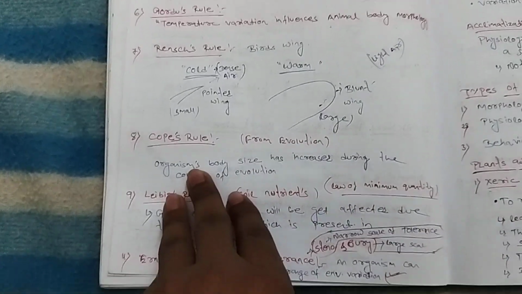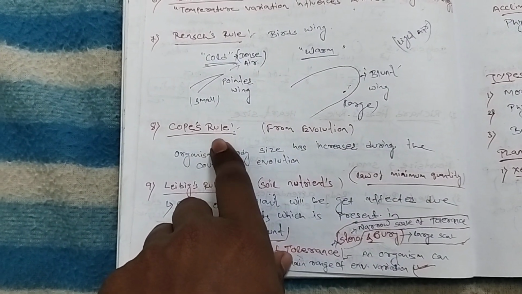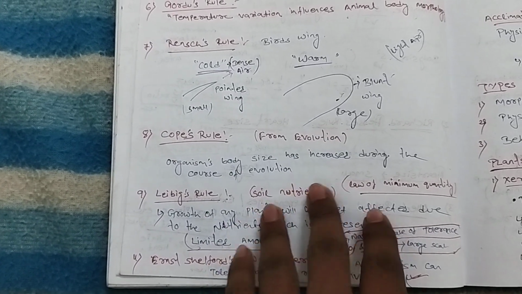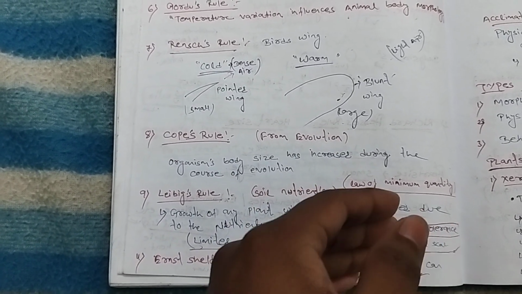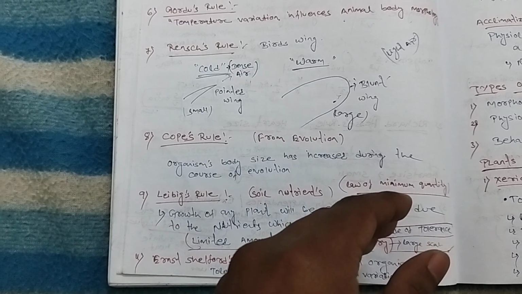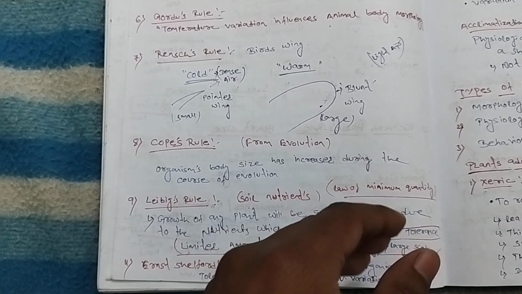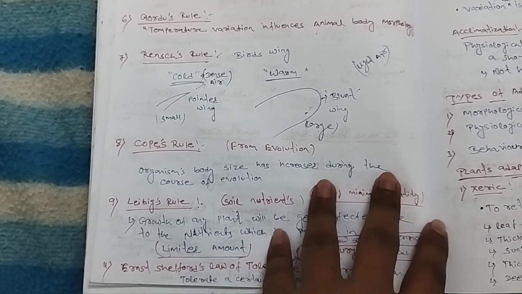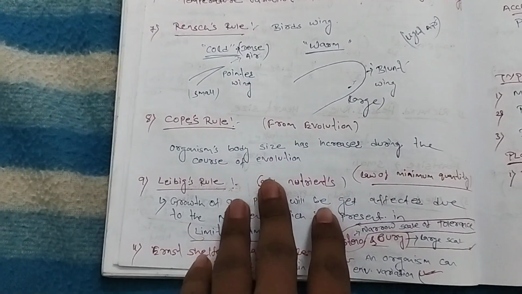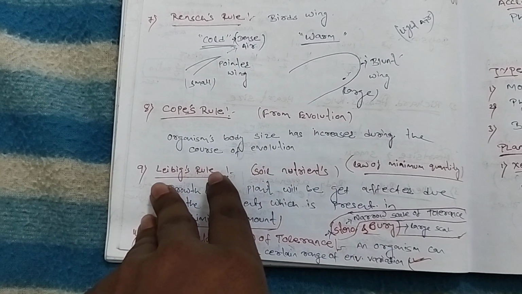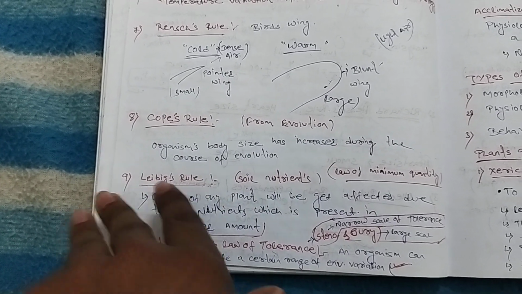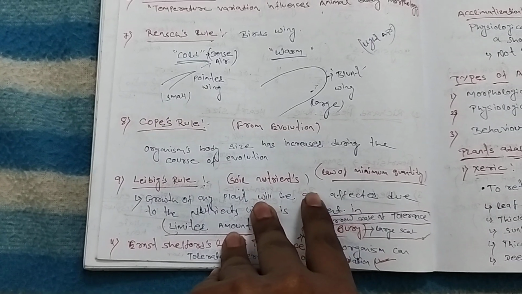Next come to Cope's rule. This rule comes from evolution. This says that animal body size has increased during the course of evolution. First the animal body size is smaller, then with the course of time the size of the animal increased. Then come to rule number 9, that is Liebig's rule. It says about the soil nutrient.